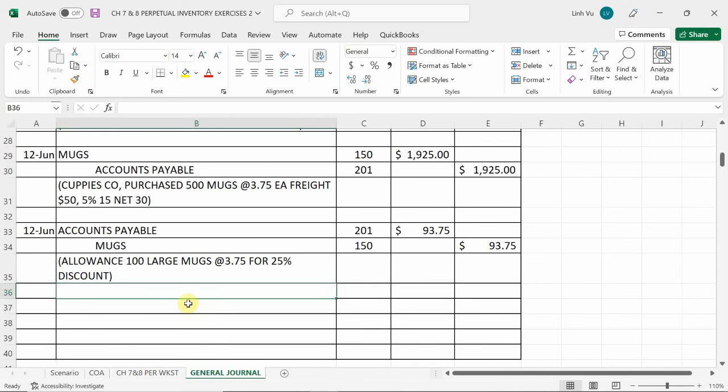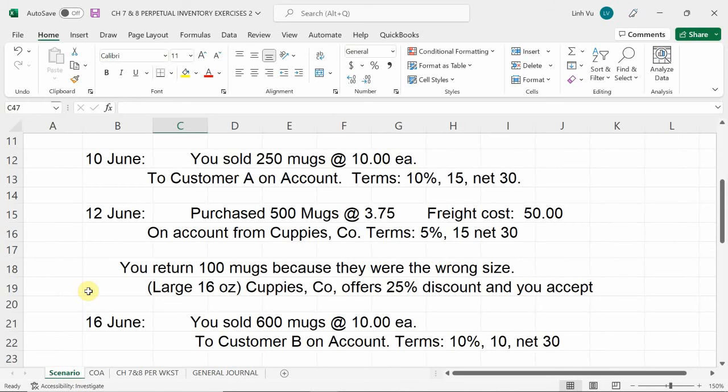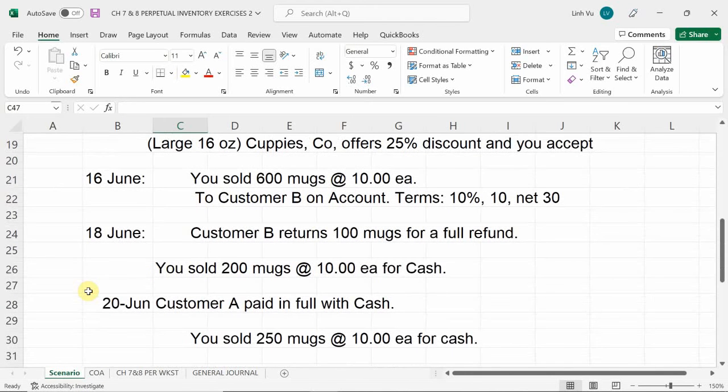Okay. So then let's see what happened next. On the 16th of June, you end up selling 600 mugs for $10 each, to customer B on an account. Terms are 10, net 30.